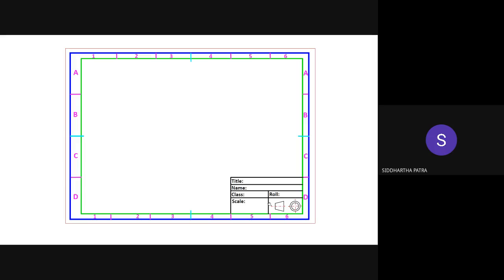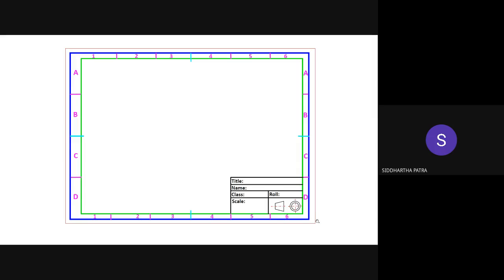Then the class and the roll number. I believe that should be sufficient to describe the person. Then the scale that you are using, and I'll come back to the scale. But before that, the projection itself is represented through a symbol. So in this case, I have used the first angle projection symbol.